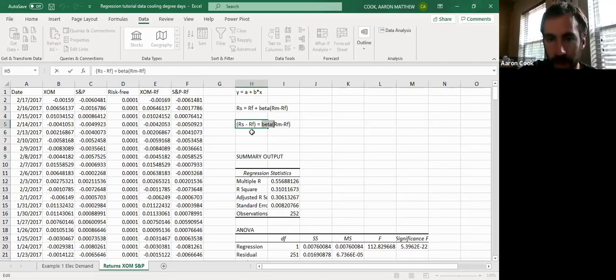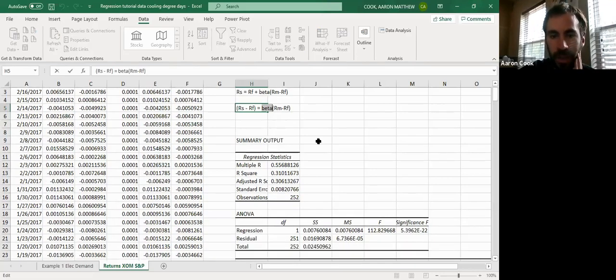Our x variable is this Rm minus Rf. Our y variable is the Rs minus Rf. And then we suppress the constant. We set the constant equal to 0. And so the result of that regression is the beta of that stock. It's the covariance between that stock and the market divided by the variance on the overall market.